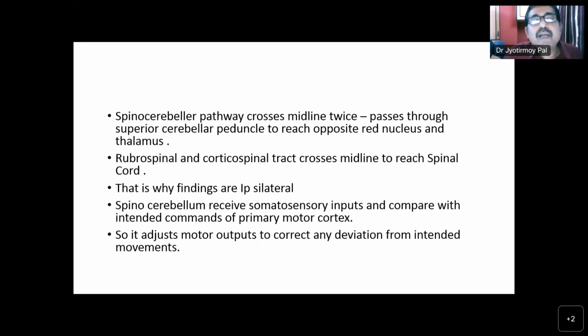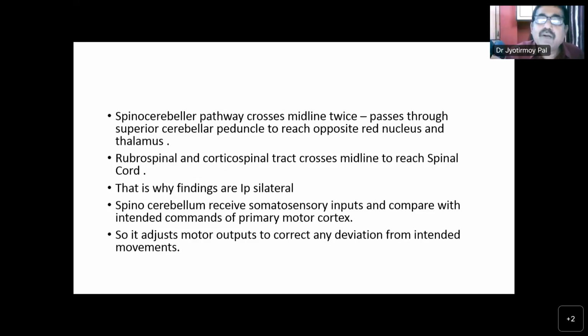Now the spinocerebellar tract raises one question: why in cerebellar disease do we get an ipsilateral lesion, but in cerebral cortex disease we get a contralateral lesion? Because the output from the spinocerebellum, that is the vermis, first crosses the midline to reach the opposite red nucleus. Then it goes to the thalamus, then from the thalamus to the cerebral cortex.